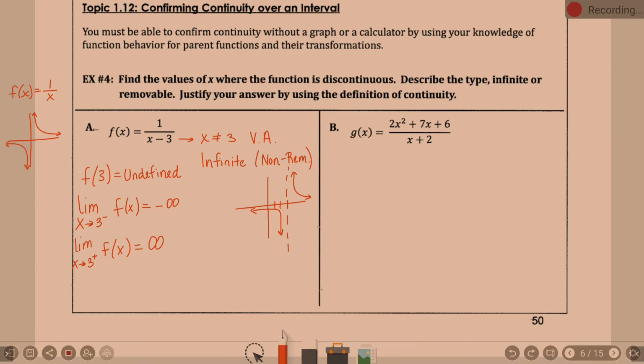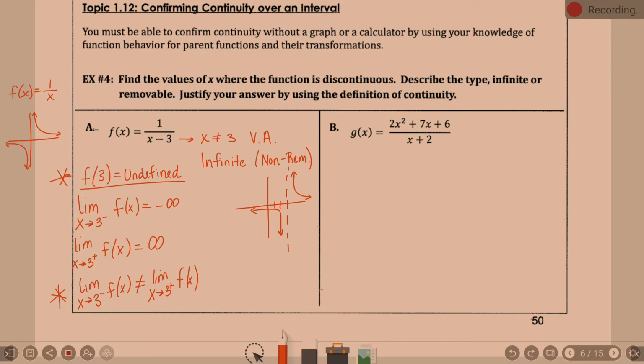So, for all of these reasons, f of 3 is undefined. That blows our continuity definition. And the fact that the limit as x approaches 3 from the left does not equal the limit as x approaches 3 from the right. Those two pieces both blow our continuity definition.